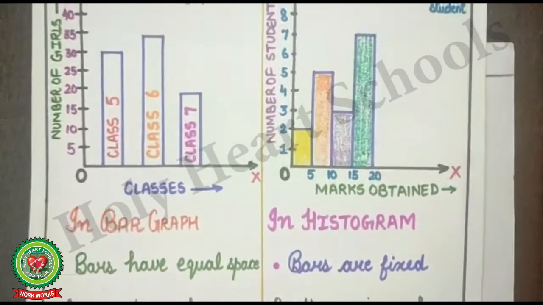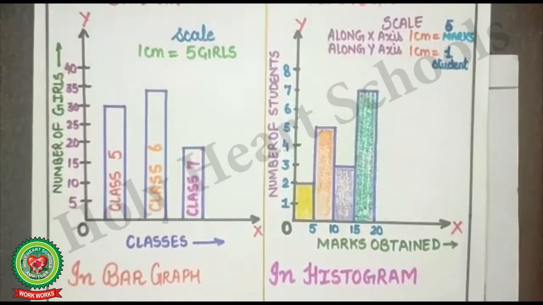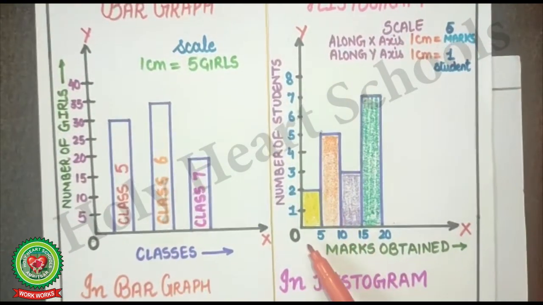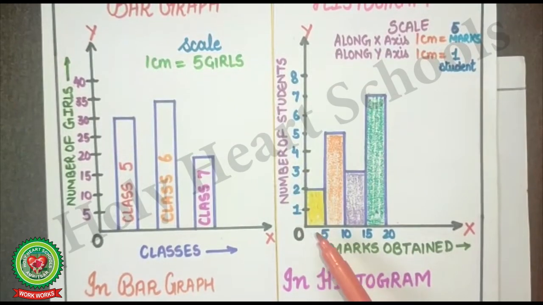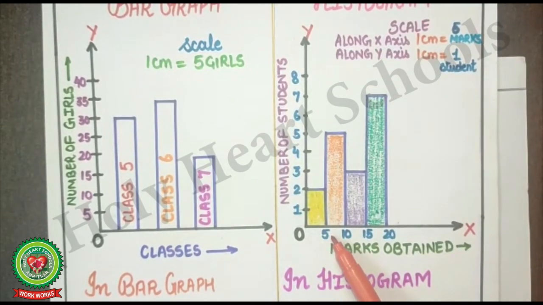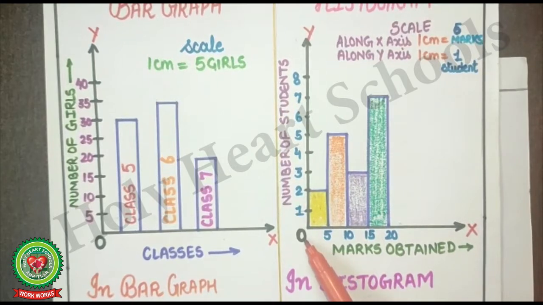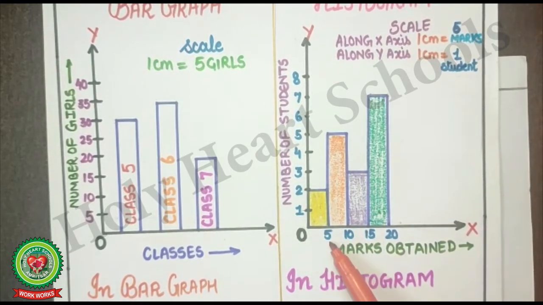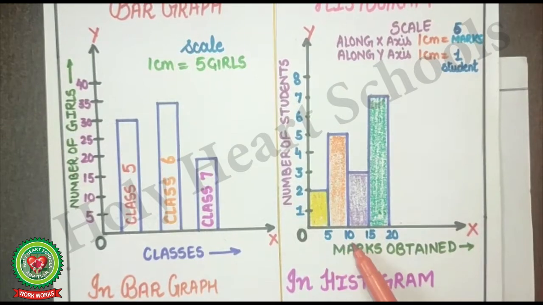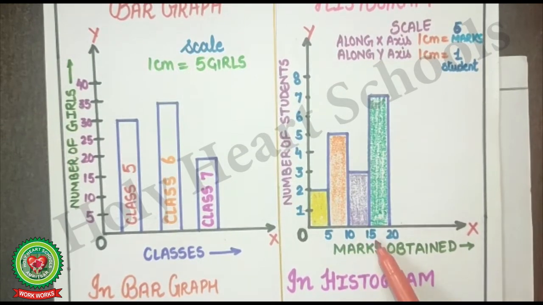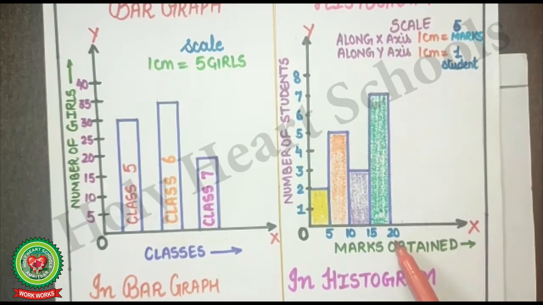As I have already told you what continuous data is, in histogram, data is in intervals. So here on the x-axis, we are having continuous grouped data: 0 till 5, 5 till 10, 10 till 15, 15 till 20.